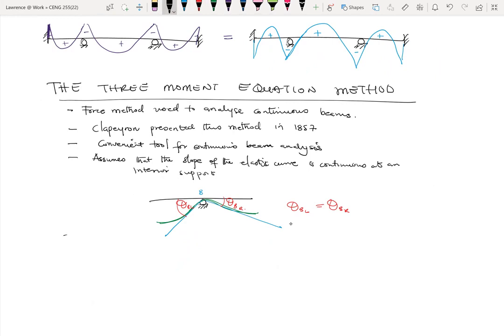So the equation that we'll be using in this method involves three moments. These three moments, our focus usually is on the bending moment at the supports. We'll look at these things here next week.